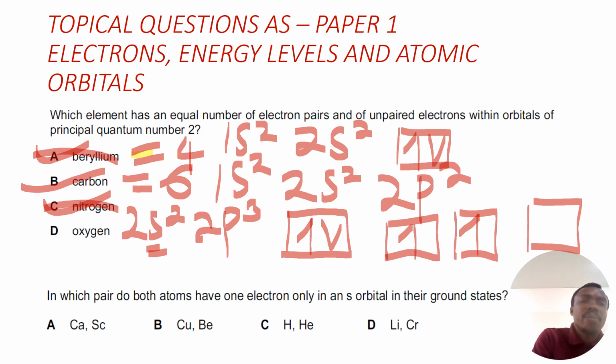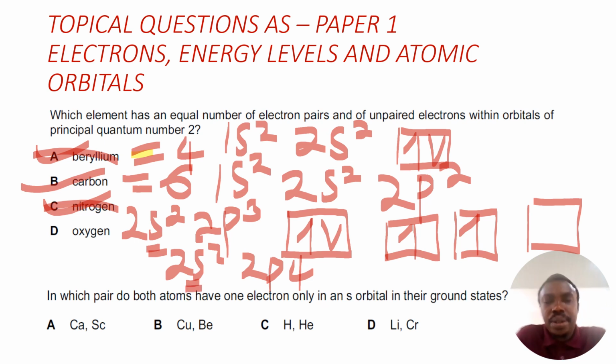Within the principal quantum number 2, we have 2s2 and 2p4. So we have 2 paired electrons on the s subshell, and 1 paired and 2 unpaired on the p subshell. So the answer is not D. So the correct answer is B. So as you can see, it's as simple as A, B, C. Now let's go to the next question.